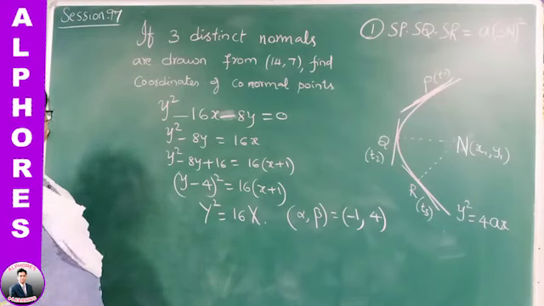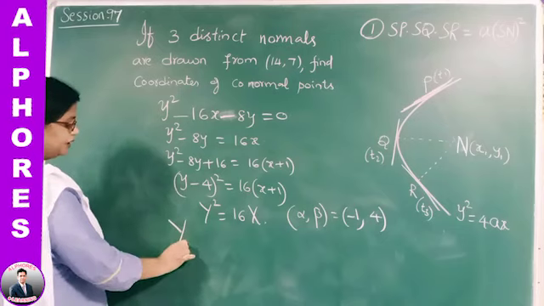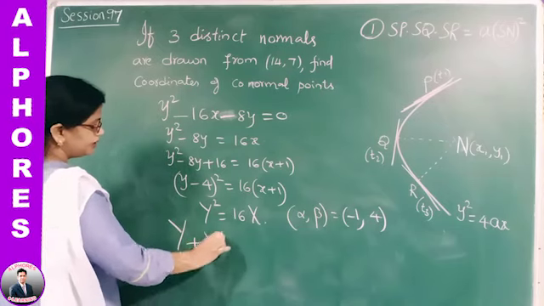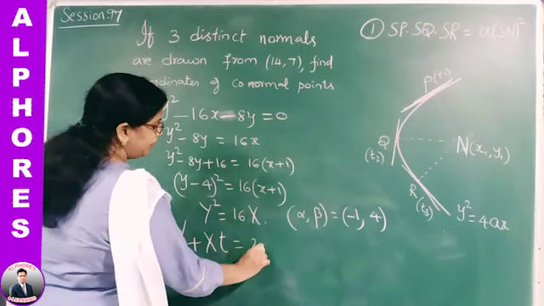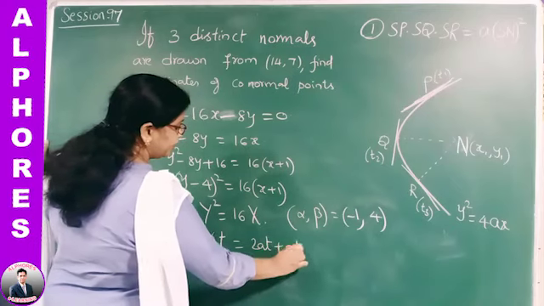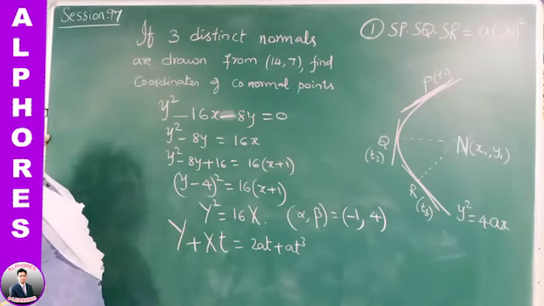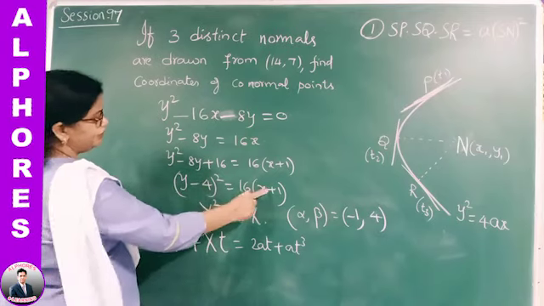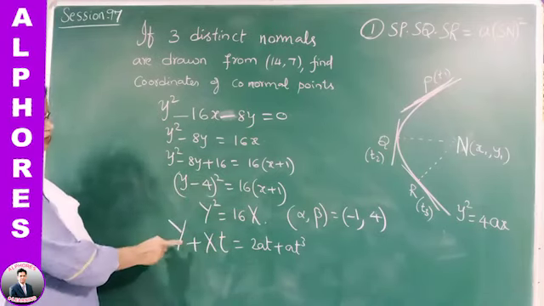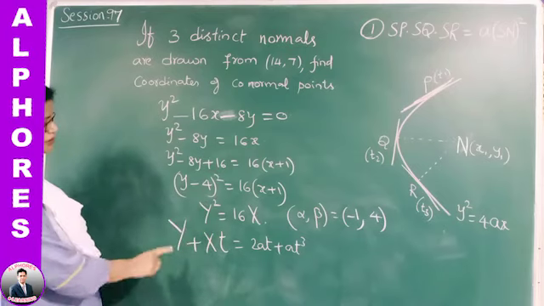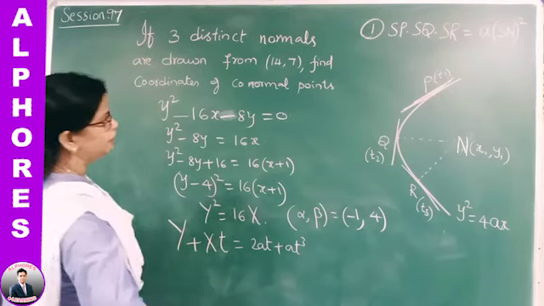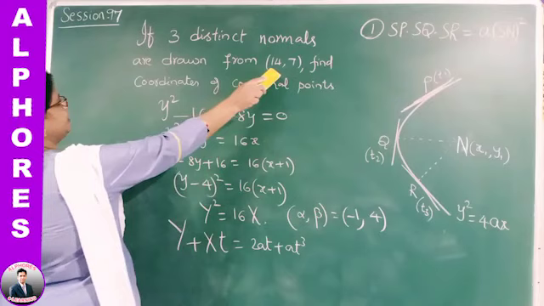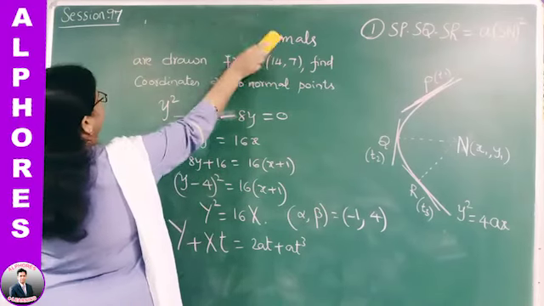In that way, if I write, that is y plus xt equal to 2at plus at cube. Understand here, y means y minus 4, and x means x plus 1. So now if you substitute the values, you can write the value. Now let us simplify this one. What is the point given? 14 comma 7.